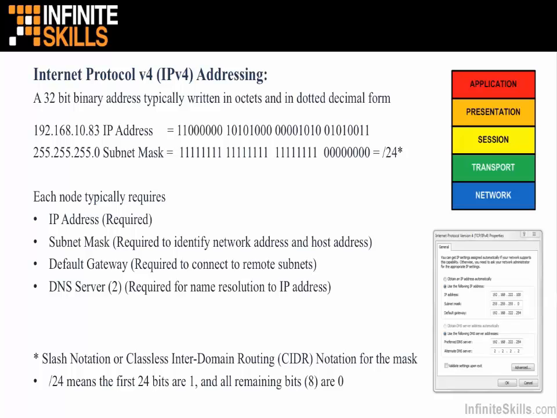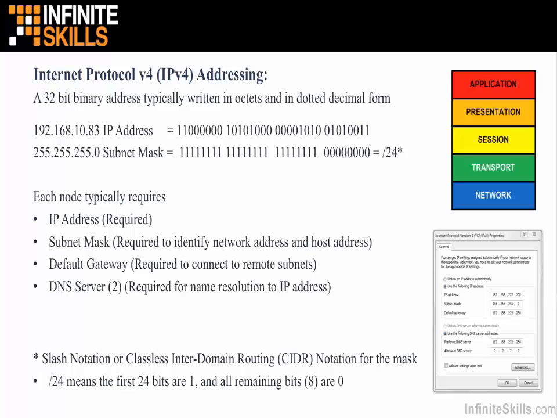And the portion that is masked by zeros identifies which host or node on that network the destination is. So it's kind of like a boulevard and the house number. The boulevard is the subnet ID, and the house number is the host ID. The boulevard is identified by that string of ones in the subnet mask, and the house number is identified by the string of zeros in that subnet mask.